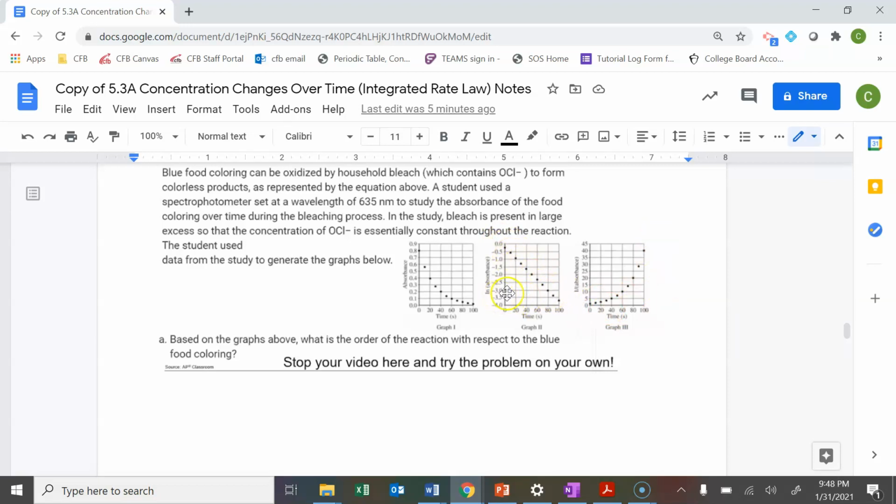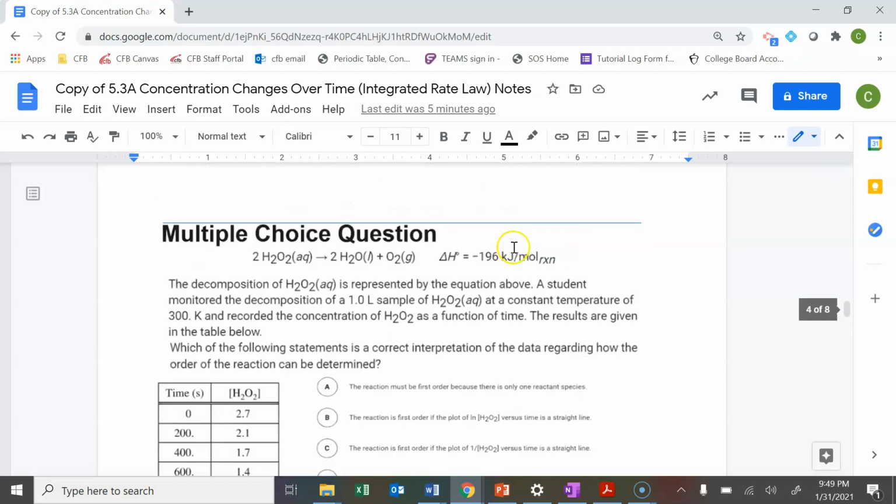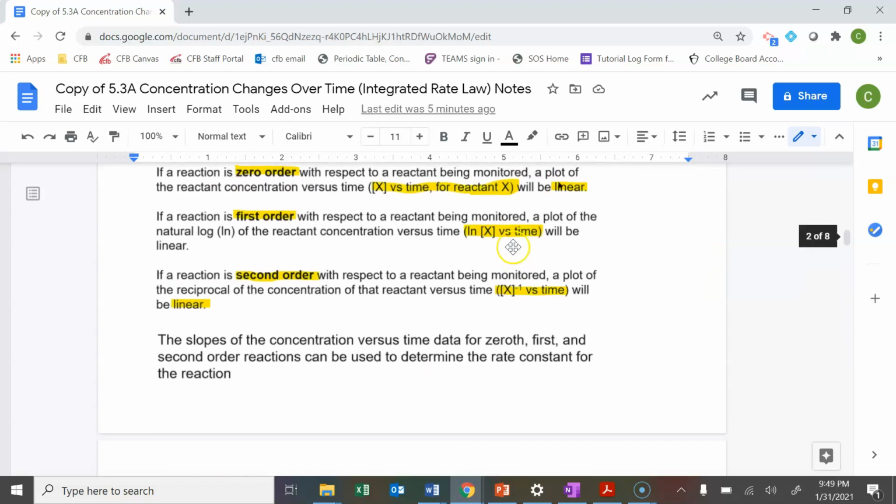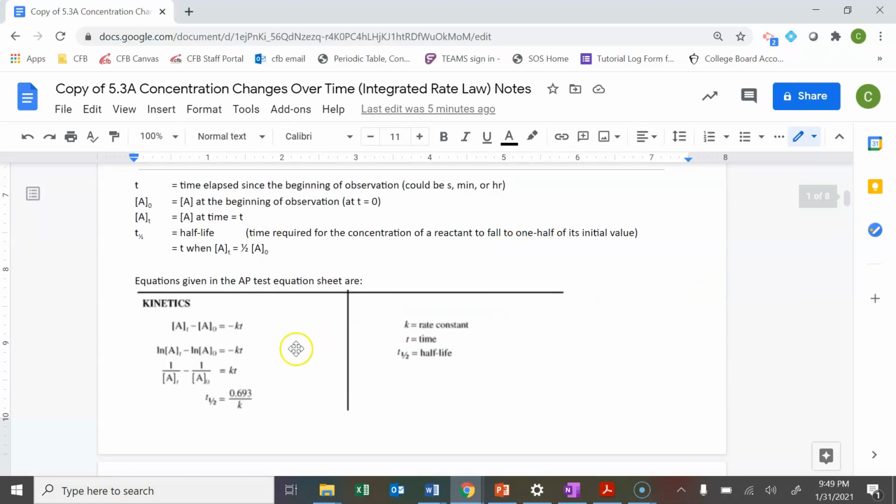And it says on the y-axis Ln of absorbance. And remember that absorbance is directly proportional to concentration. So that's going to correspond to the integrated rate law, where Ln of concentration is proportional to time on our equation sheet.